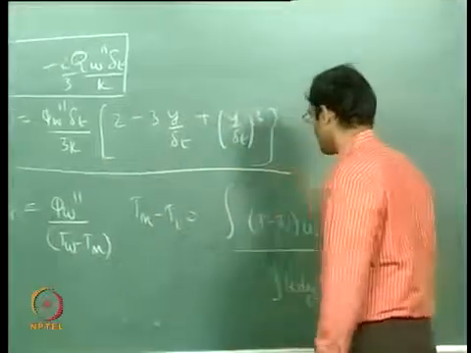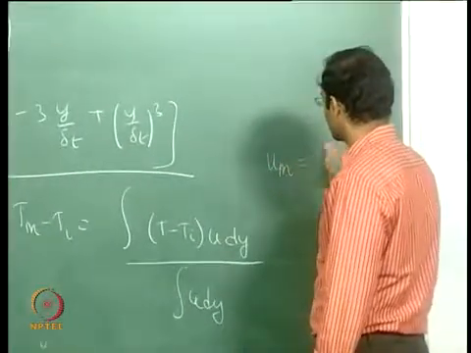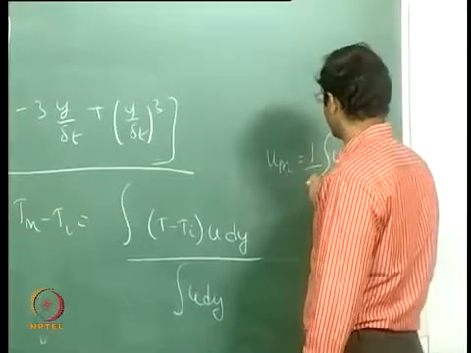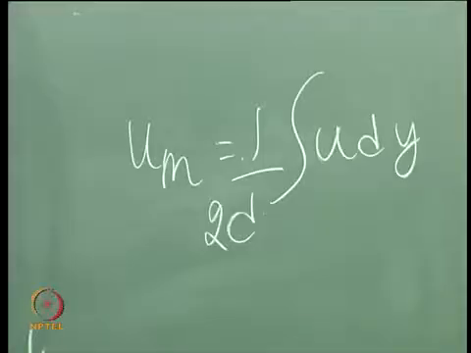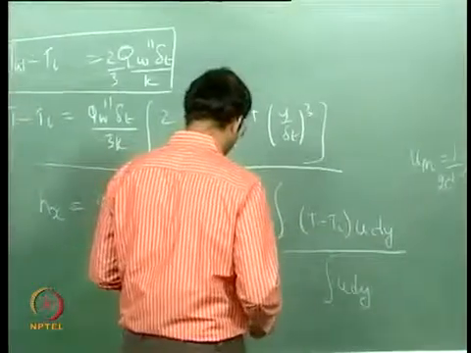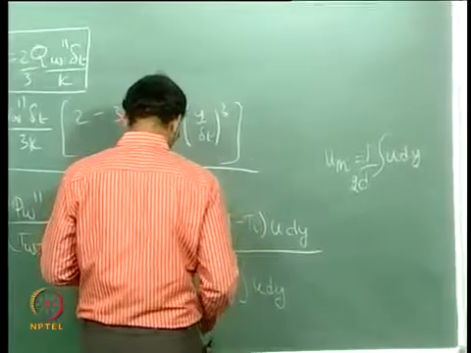And from the definition of mean velocity you know that um is equal to integral u dy times 1 by d, so in this case it is 2d. So I have to integrate to get my mean temperature from 0 to delta T.